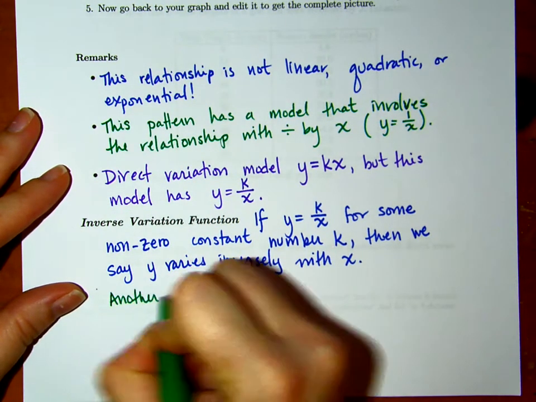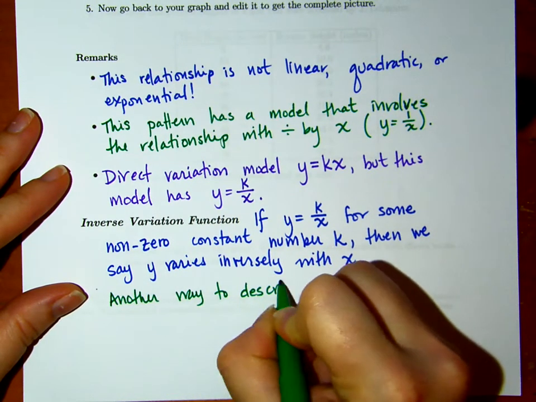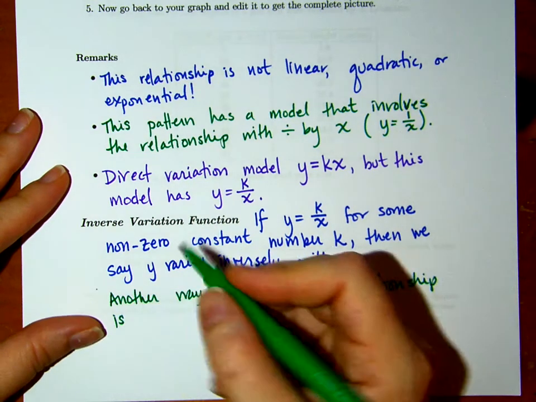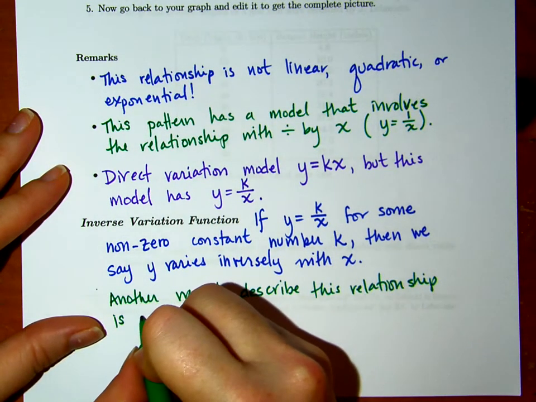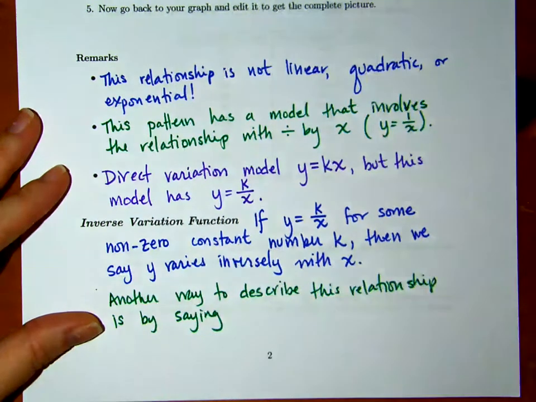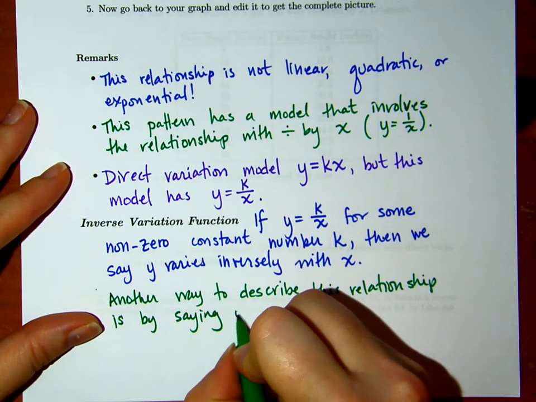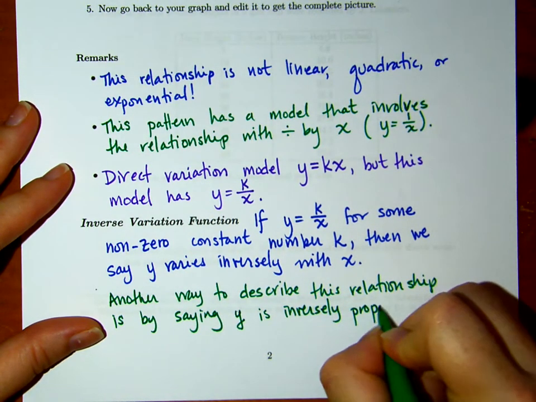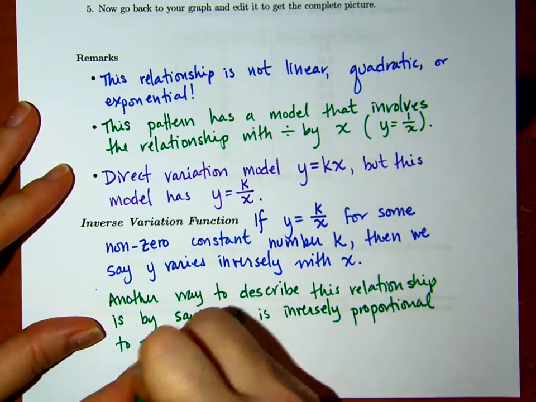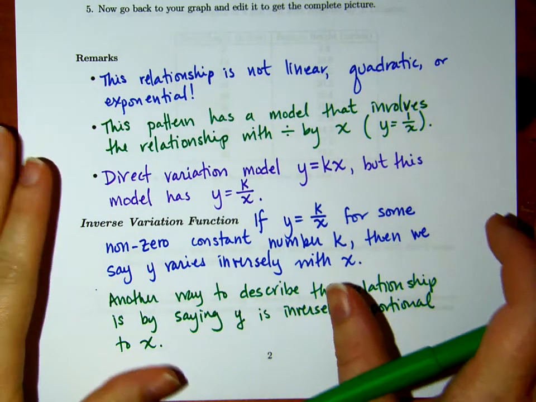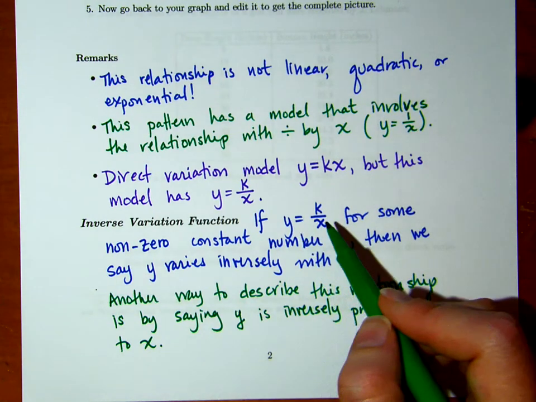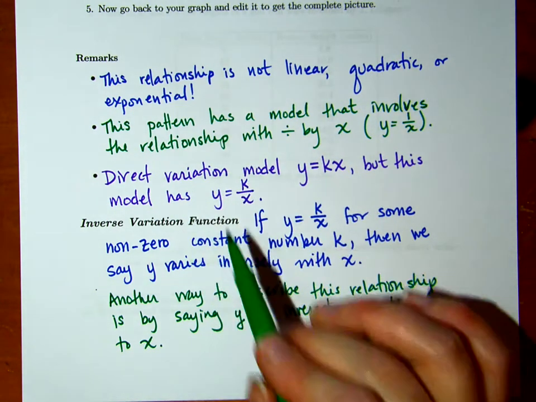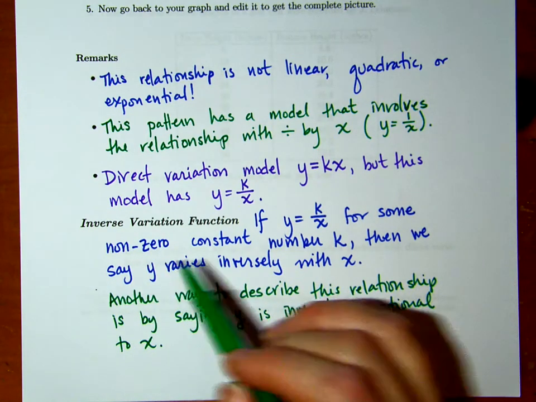So it's still proportional, but now we're just differentiating between direct variation and inverse variation, okay?